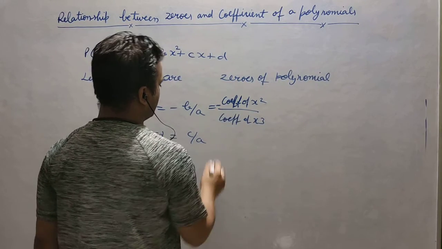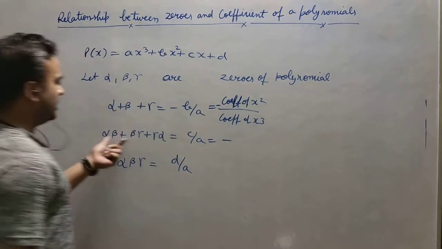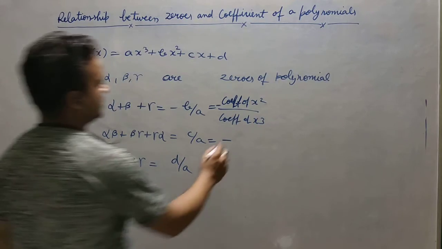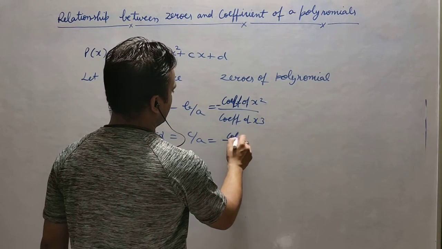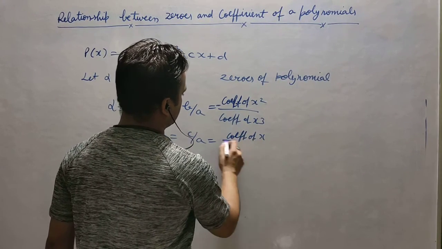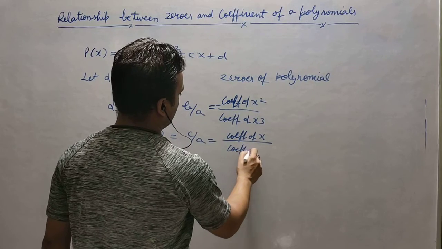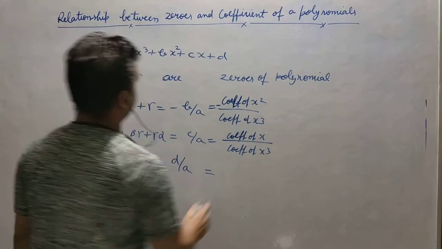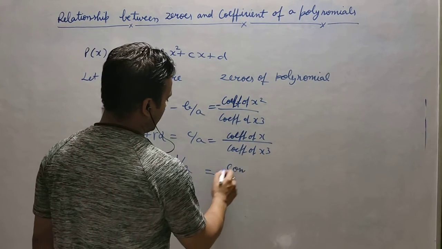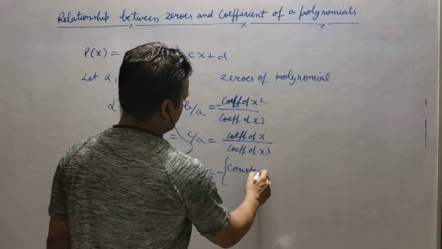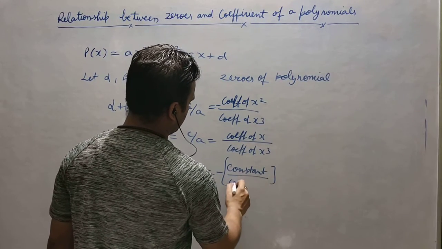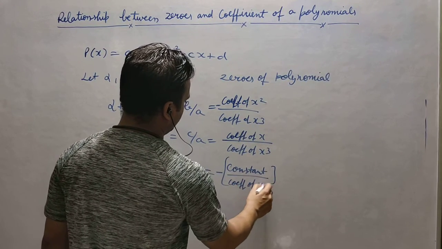And here if we are taking 2 together, so it will be coefficient of x upon coefficient of x cube. It will be constant, minus, we will take here constant upon coefficient of x cube.